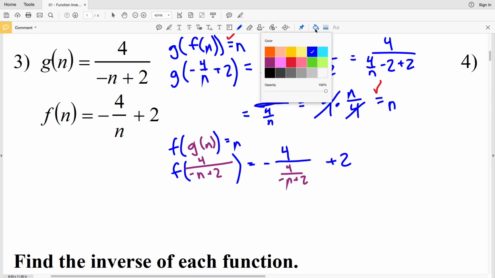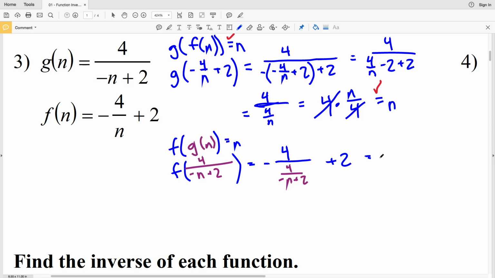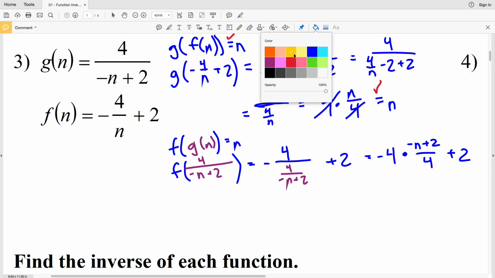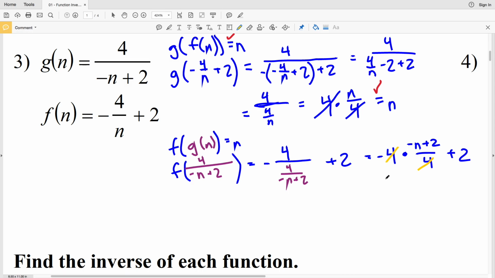Now, just like before, when we're dividing by a fraction, it's the same as multiplying by a reciprocal. So I'm going to rewrite this as negative 4 times negative n plus 2 over 4, and then we'll add 2. So you can see that negative 4 and 4 will cancel out to leave me with negative 1, because negative 4 divided by 4 is a negative 1.